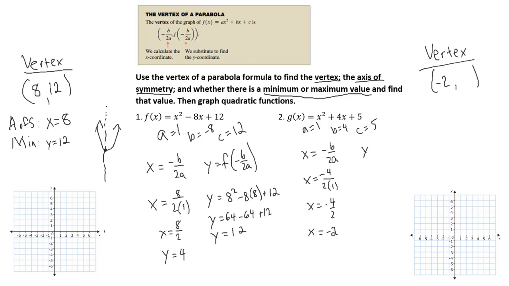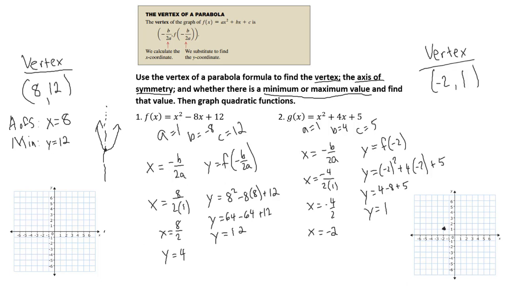And so now we find y by doing f of -2. So that is y equals -2 squared plus 4 times -2 plus 5. So that's y equals 4 minus 8 plus 5. So that is y equals -4 plus 5, which is 1. So we have a vertex at -2, 1. And that's where our vertex is.